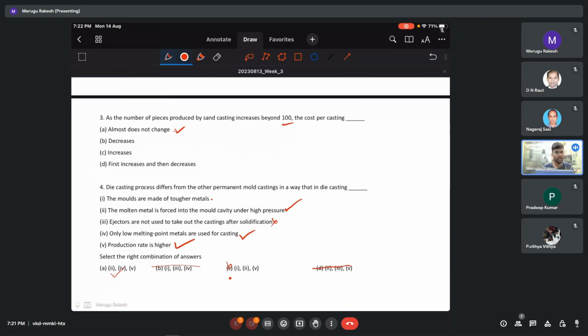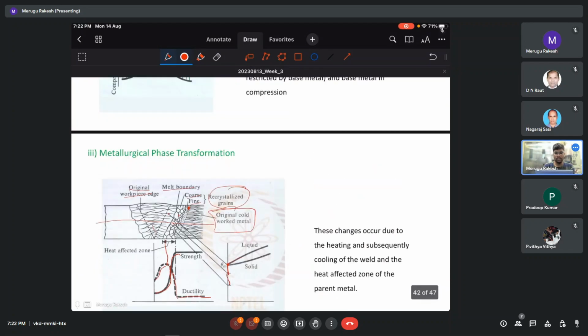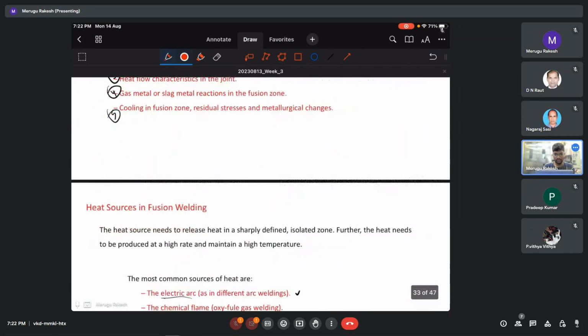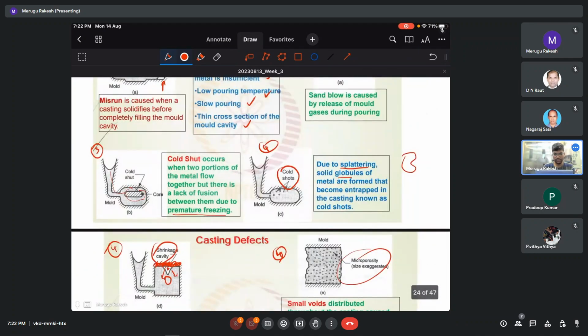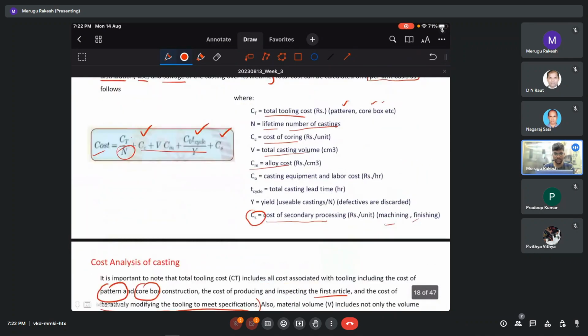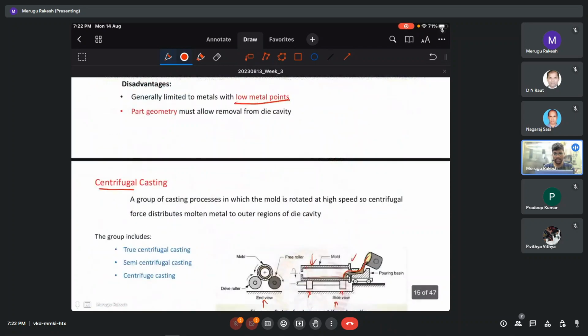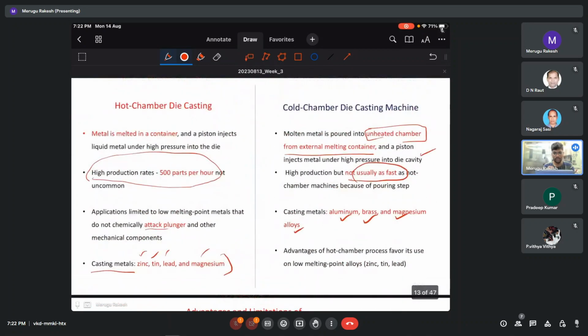And then fifth, of course, the point is correct because the production rate is higher. So if you remember the bifurcation between these two types, that is hot and cold chamber die casting, basically we are always saying low melting point metals.